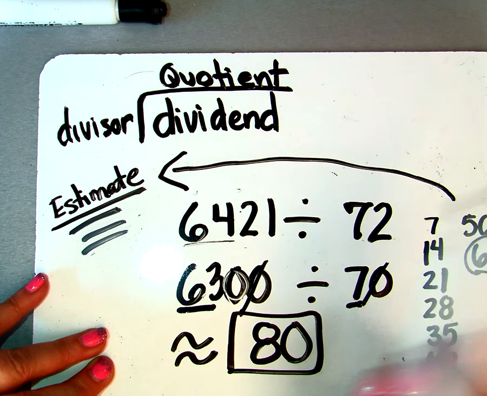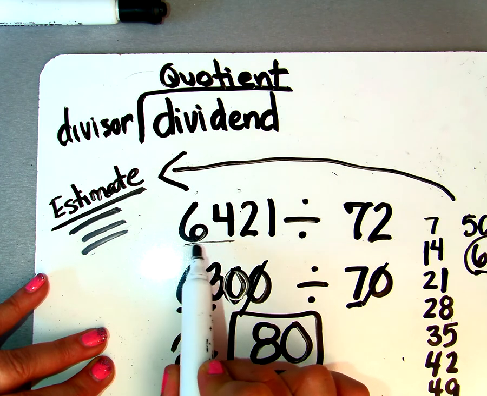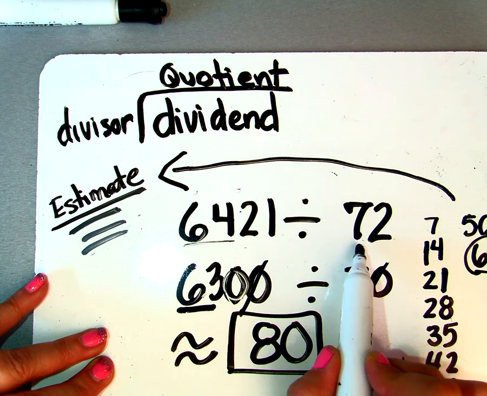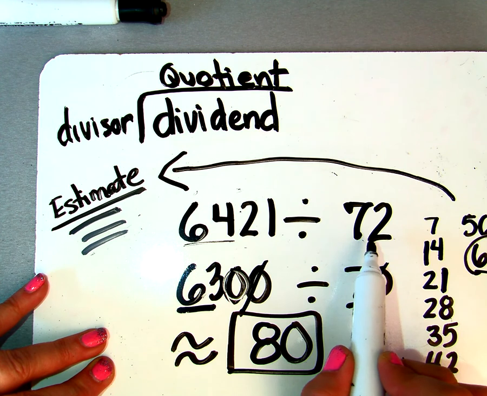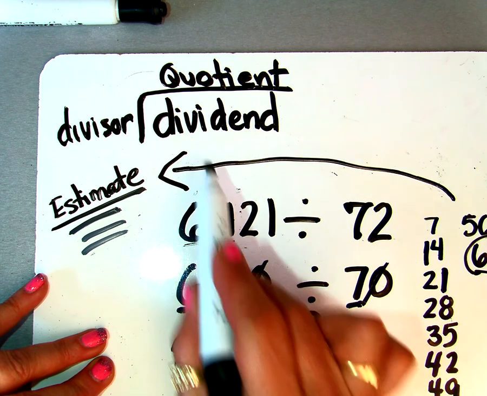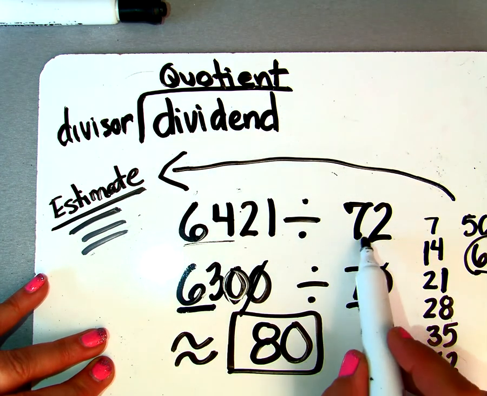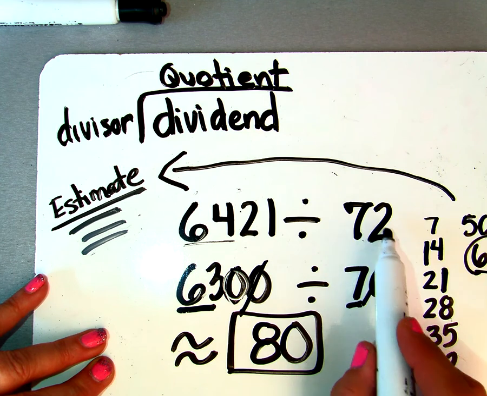Remember the pieces. I'm dividing this. It's my dividend. I am using this number to divide by my divisor. Dividend. That's the end piece that I'm dividing. Divisor. I'm dividing by that.